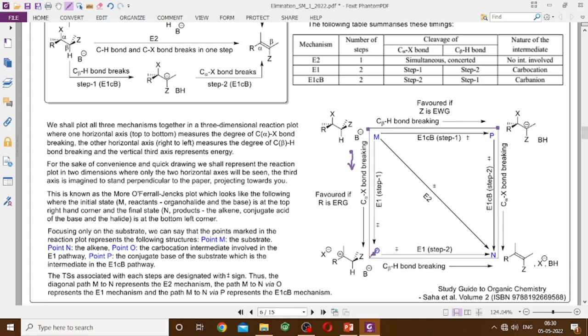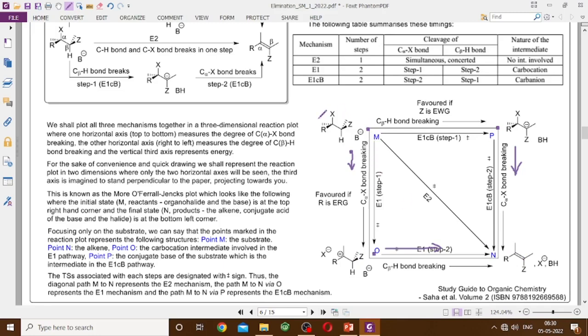Now if I move from this carbon ion in this direction, then the CX bond will break. Eventually when we reach here, neither the CH bond nor the CX bond is there, I have a double bond. Similarly আমরা যদি পয়েন্ট O থেকে পয়েন্ট N এর দিকে যাই, তাহলে the CH bond will now break and I will eventually reach the same destination.